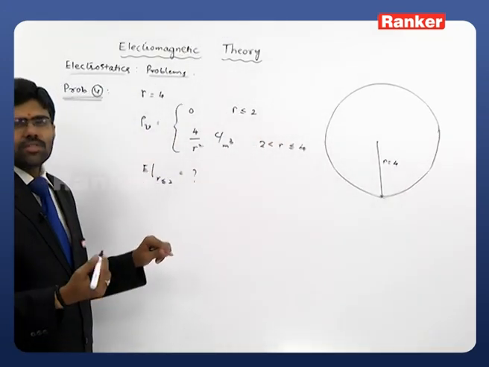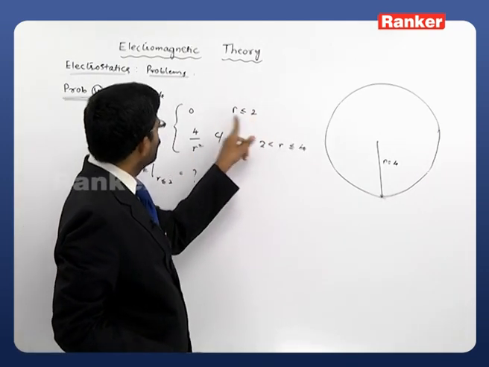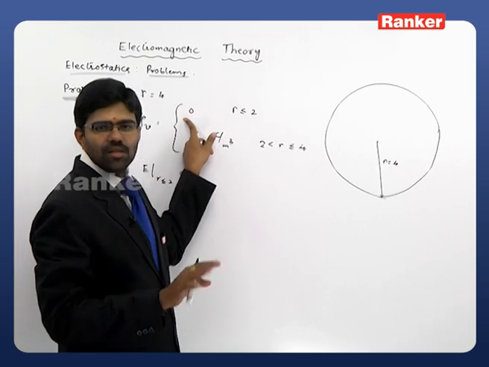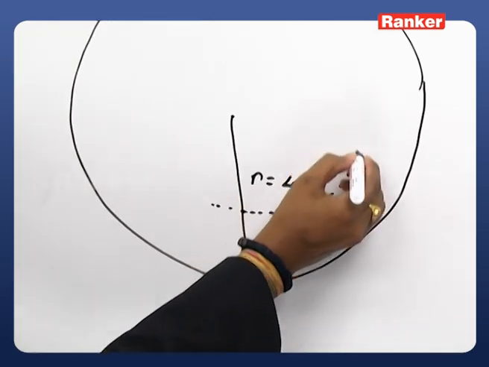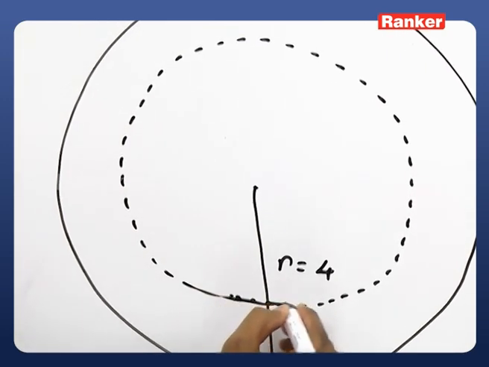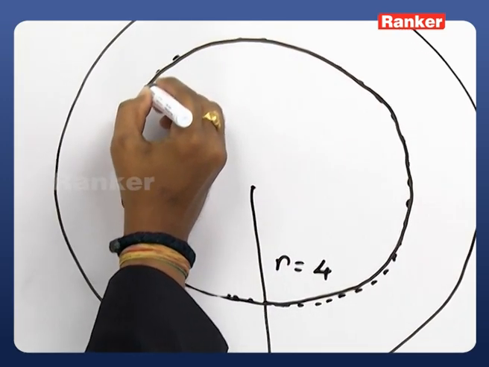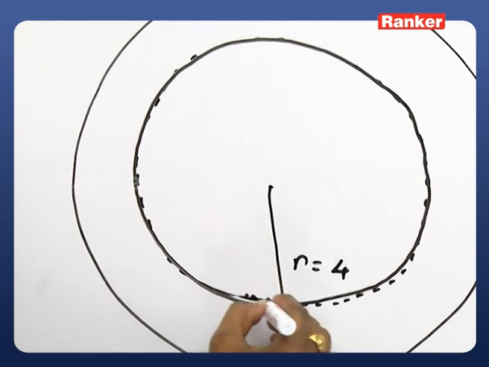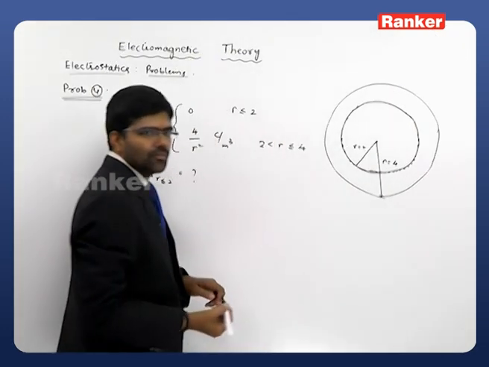Now how was the volume charge density defined? For r less than or equal to 2, the volume charge density is simply 0. So I will take one more spherical shell up to r less than or equal to 2. This is what I am drawing, r equals 2.